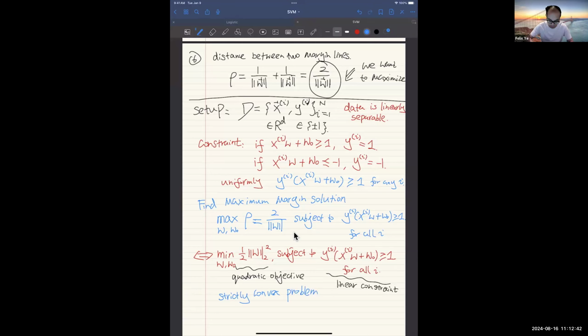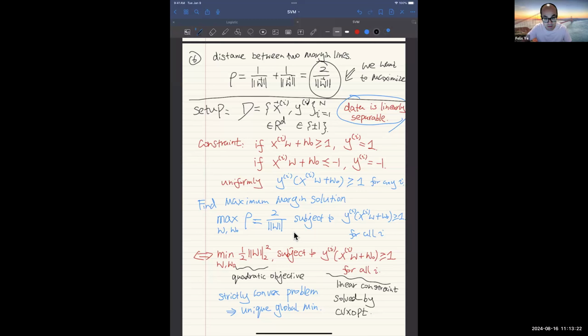So what does that mean? It has a unique global minimum, provided all this data is linearly separable. This whole thing can be solved with existing quadratic programming solvers, for example CVXOPT.